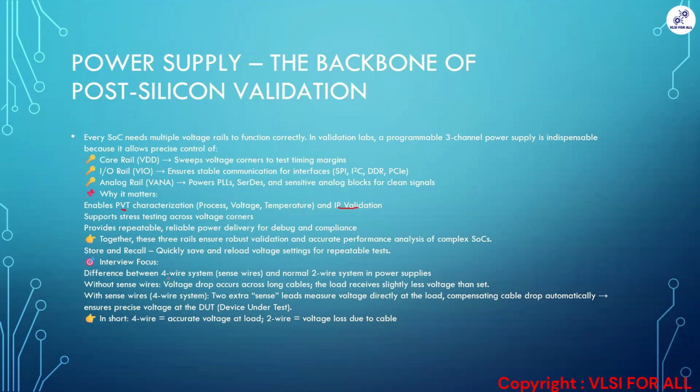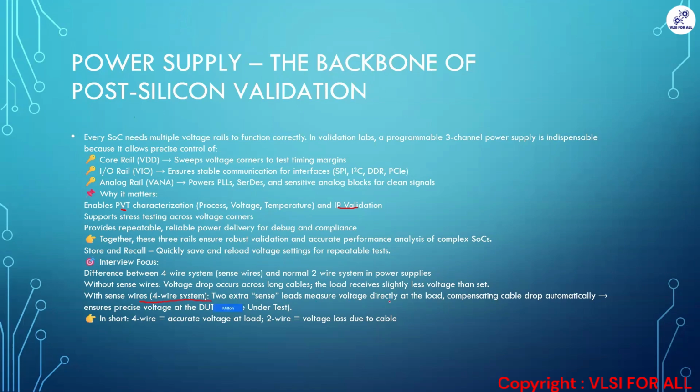In a 4-wire system we'll have additional sense wires with green color wires. Without sense wires, voltage drop occurs for long cables, so the DUT will not receive the exact voltage we set in the power supply. So for accurate measurement and precise control, we will use the 4-wire system. 2 extra sense wires will be there.